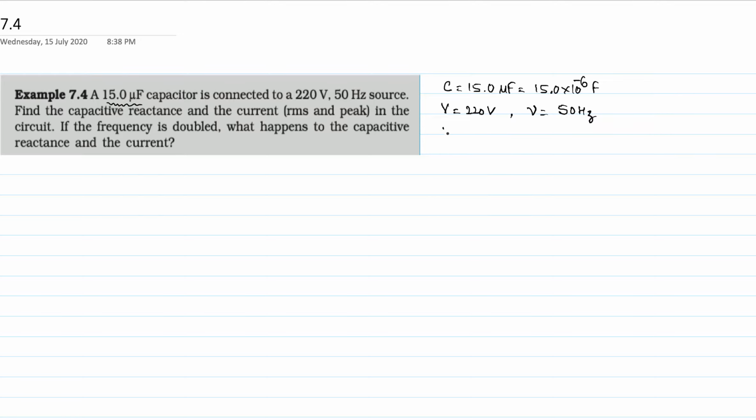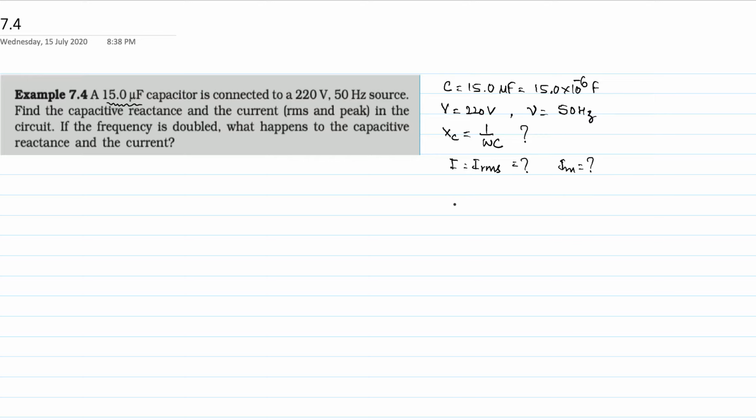You have to find Xc, that is equal to 1 upon omega C. This is what you have to determine. And in current, you have to find the root mean square value of current, and also the peak value of current in the circuit.